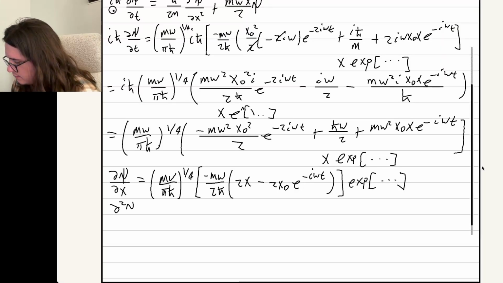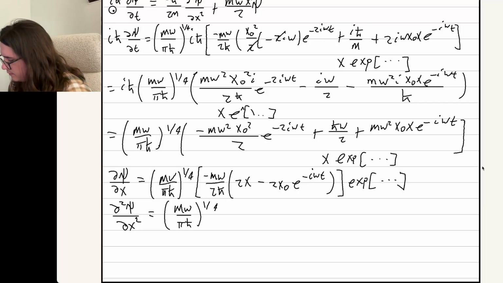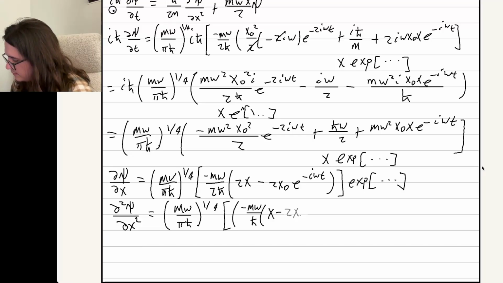Taking the second derivative then, we still have this guy. We have a term proportional to the first derivative of the argument, so that's going to be minus m omega over h bar times x minus x naught, e to the minus i omega t.